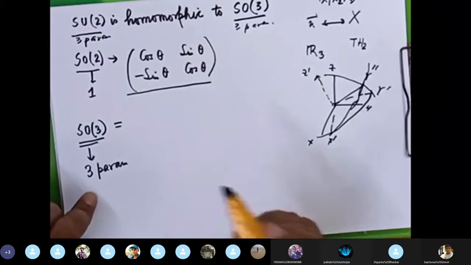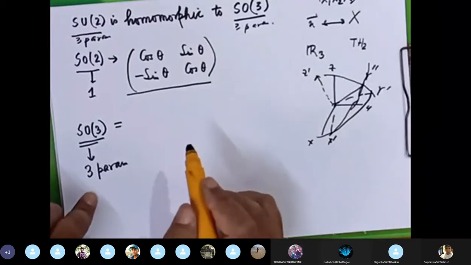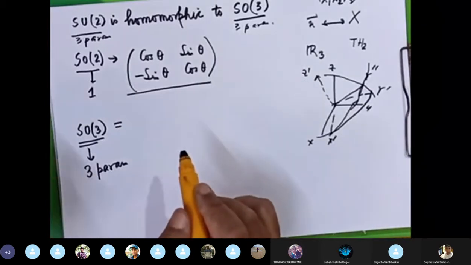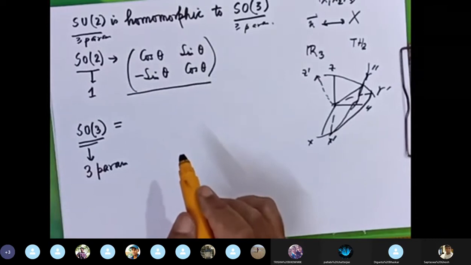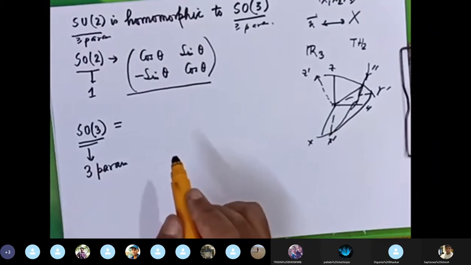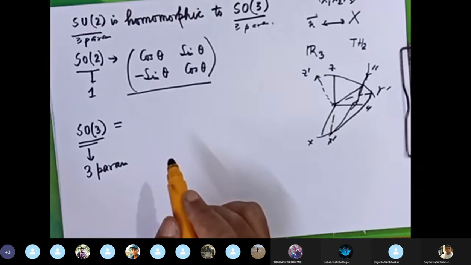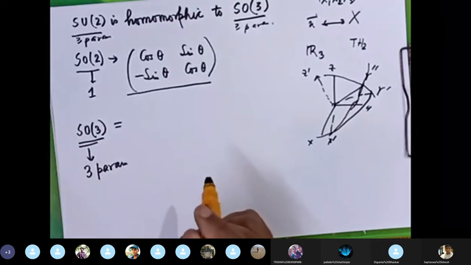Or to make it more understandable, you can do it with respect to first x-axis, then y-axis, then z-axis, with changes. First x-axis you do a rotation. If you do a rotation about x-axis, y-z axes will be changed. Then you do a rotation about the changed y-axis. Then x-z will be changed. Then you rotate about the changed z-axis.